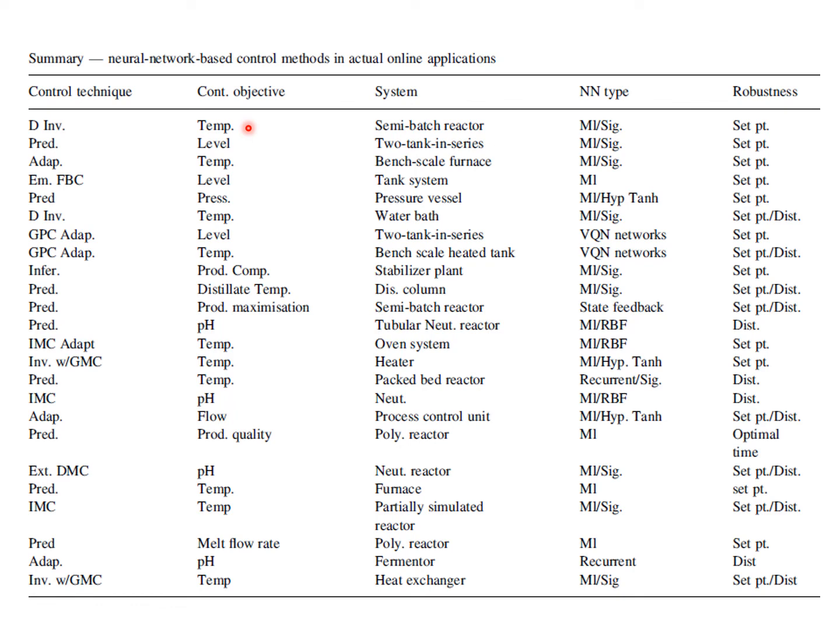But after the set point, after the servo control, of course we have to check its application in the regulatory or disturbance changes. For all controllers we have to go through servo and regulatory, and also make sure it's robust, and we have to test it with model mismatch and some noise in the real system.